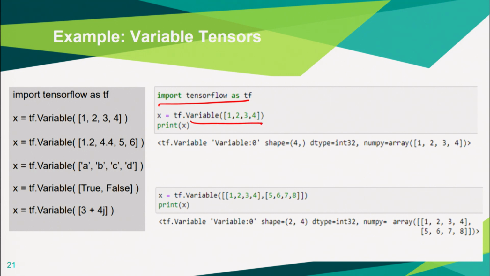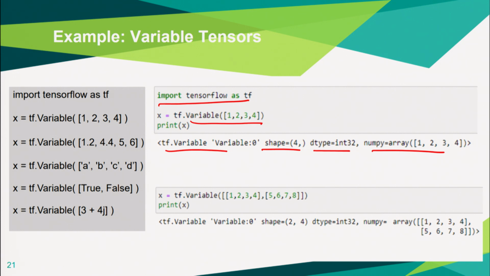This indicates that we are going to print the x value. It is a variable with a shape of 4 elements. The data type, by default, we consider as integer, and it takes an array as the input value. So, 1, 2, 3, 4 is the initial value.